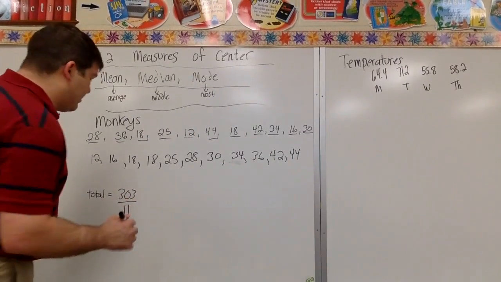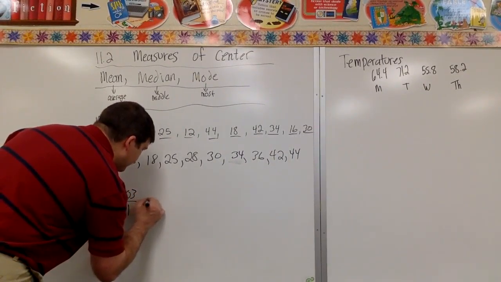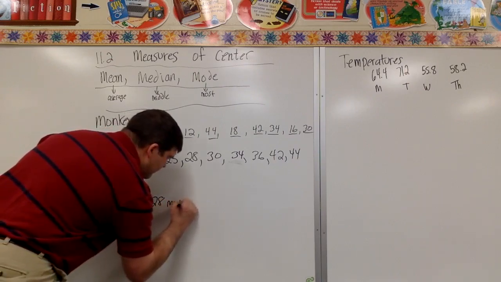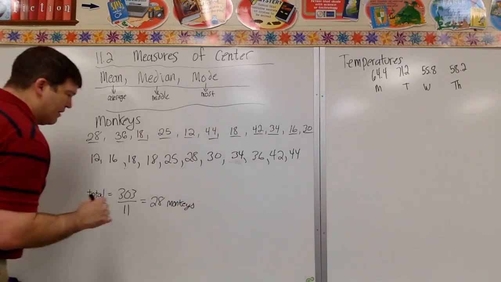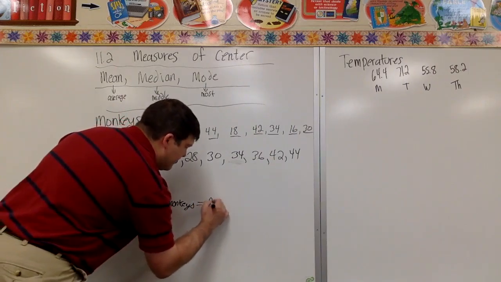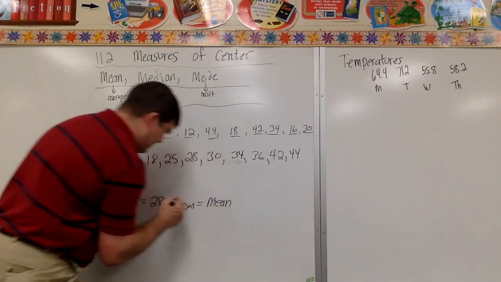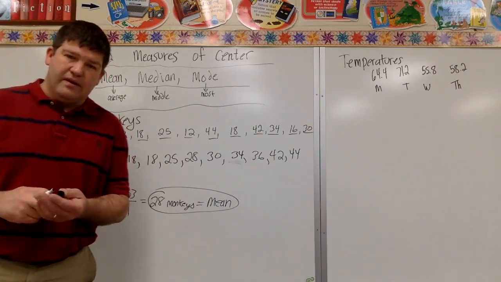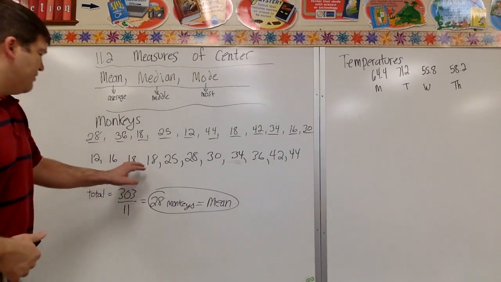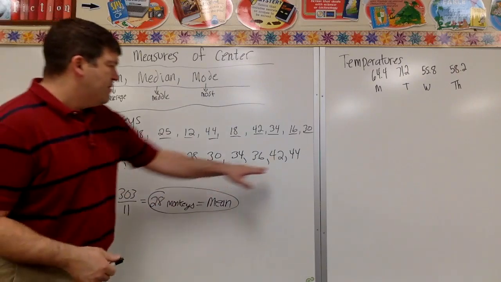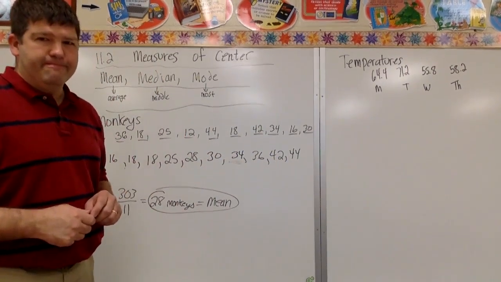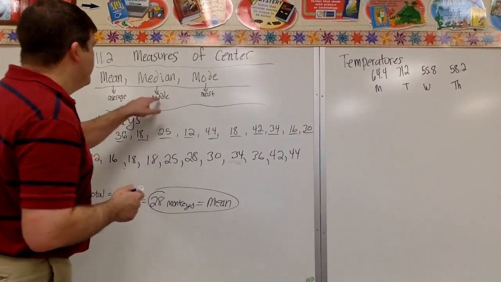So I'm going to round it up to 28 equals about 28 monkeys. Okay, so this right here is my mean. The zoos, now there's a few that have less than that, few have a lot more than that, but about the average is 28 monkeys. Okay, now let's do the middle number.